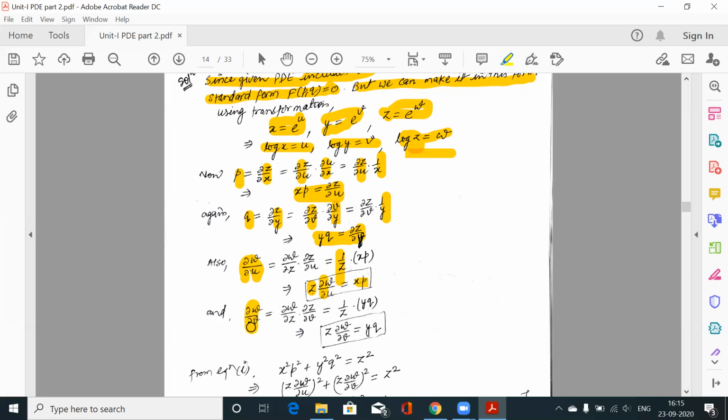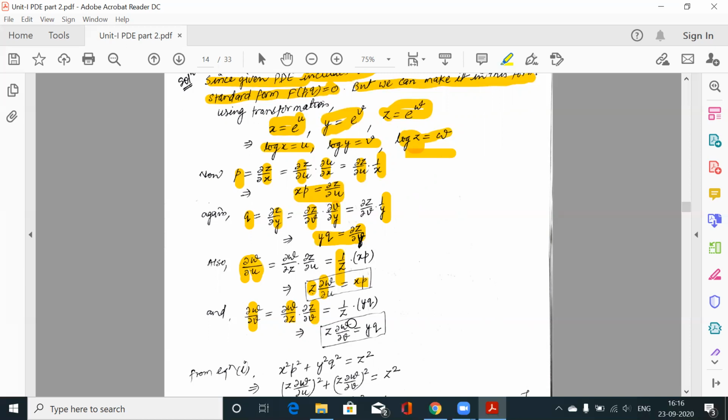Similarly, del w over del v: we are differentiating with respect to z, then del z over del v. So we are applying the rules of total differentiation, because there are so many relations. w is a function of z, z is a function of x and y, but x and y are functions of u and v.